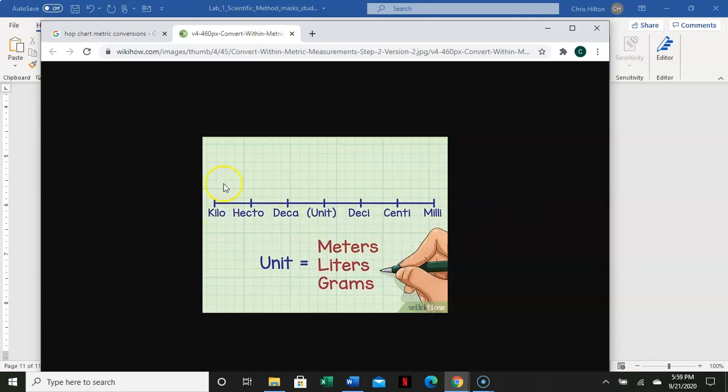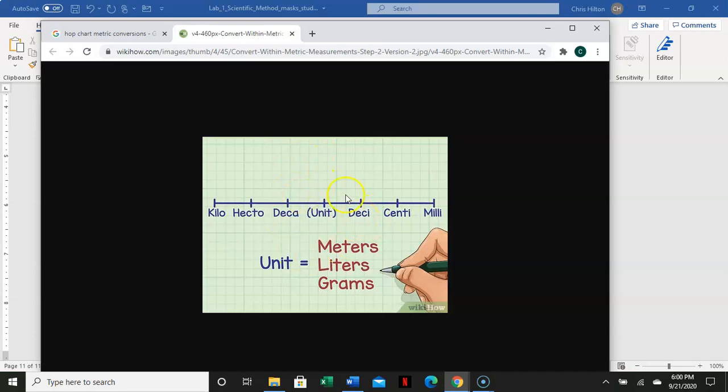But you need kilo at +3, your unit at 0, centi at -2, milli at -3, and micro at -6. You do need a tick mark for every spot. So even though we're just doing kilo at +3, you need a tick mark for +2 and +1. Even though we're just doing centi and milli at -2 and -3, you do need a tick mark for -1.